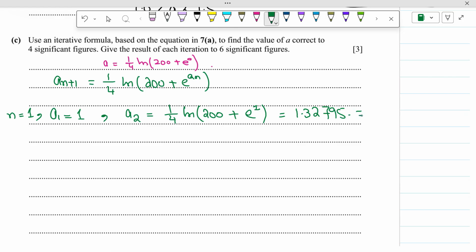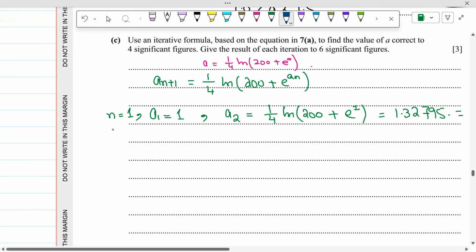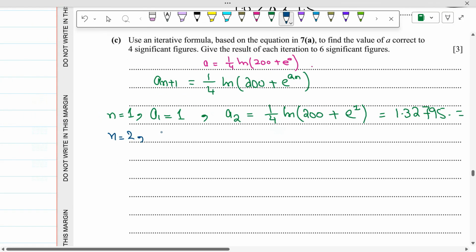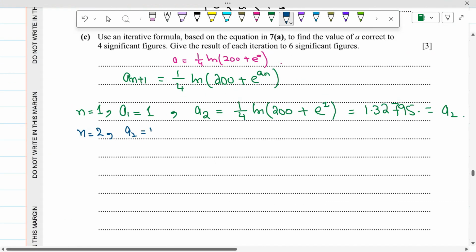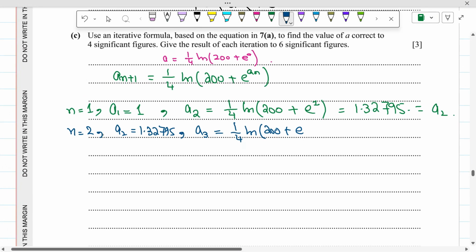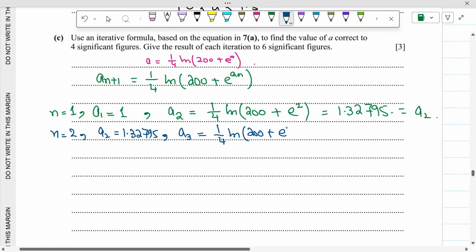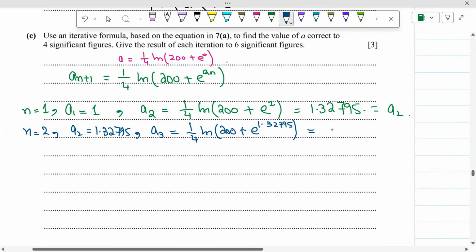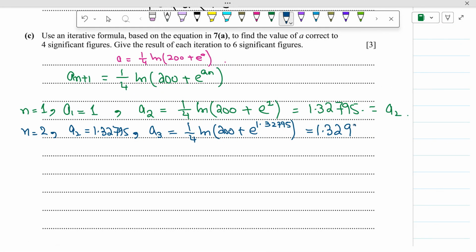This is equal to 1.32795, so this is a2. Now n is equal to 2, so a2 we just calculated, which is 1.32795. So a3 is equal to 1 over 4 ln of (200 plus e^(a2)), so e^1.32795, and this is equal to 1.32959.